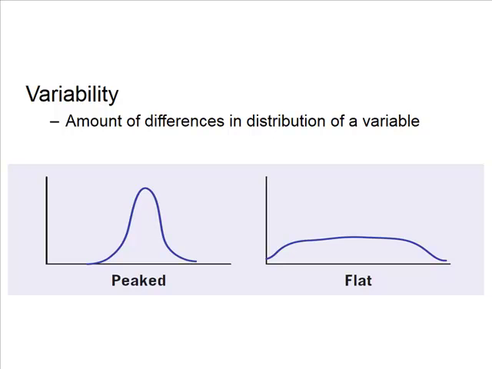Anybody else in here have a shoe size of 12 or higher? 2. You guys. Maybe you can share shoes. Okay. The distribution of shoe size is more like the actual peaked distribution, where there aren't a lot of people out here at 12, but there's a hell of a lot of people out here at 9.